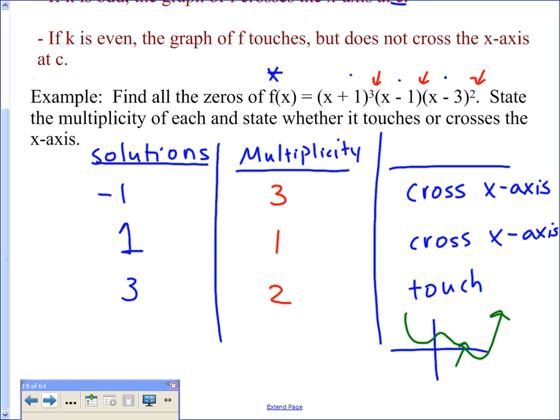If I were to show you an example of where it touches the x-axis, then that would be like this. Okay, there we have a touch. So you have the difference between a cross and a touch.